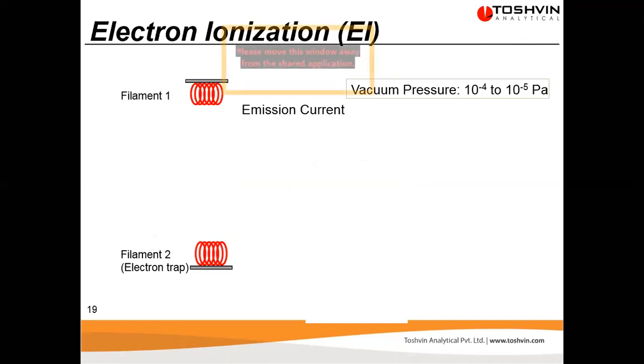One thing to tell you is, whenever you are working on GCMS with this electron ionization source, always remember it is a hard ionization technique. Hard ionization technique means whatever sample is exposed to it, it will totally break it down.